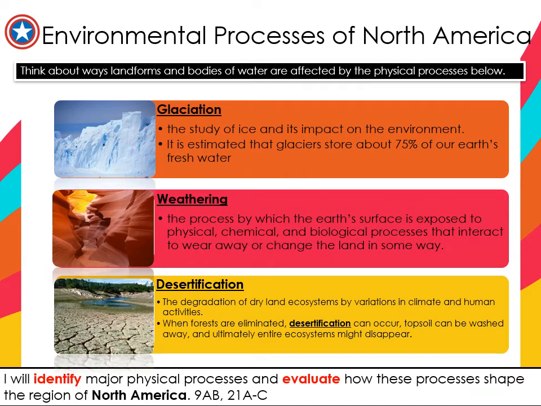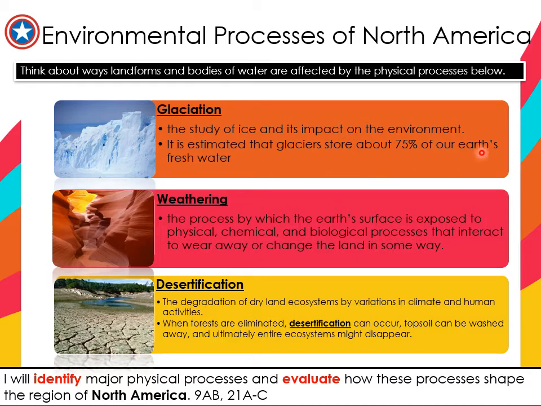So environmental processes, the processes of glaciation, weathering, and desertification. You can think about two ways that landforms and bodies of water are affected by physical processes below. So glaciation. Glaciation is when we study the sheets of ice and their impact on the environment. Now, we can study glaciers as they're forming or glaciers as they're falling apart.